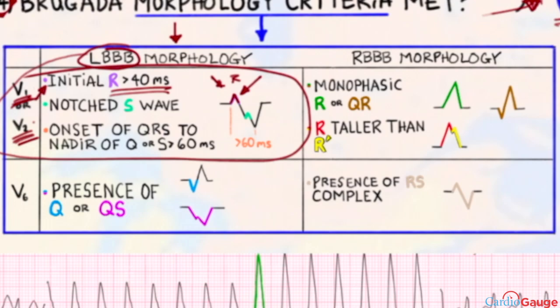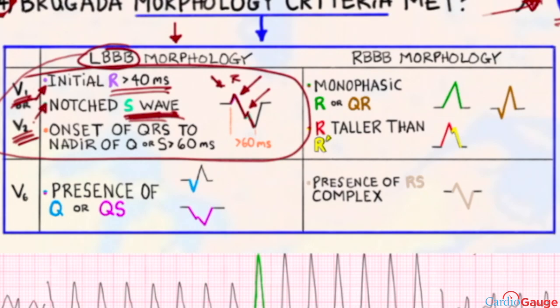The next criterion in V1 or V2 is if you have a notched S wave. So this is the S wave here. It goes down, and then there's a little notch in it. Here's the notch. If you see a notch in the S wave, I like this one because it's relatively easy to remember and apply. If you see a notch in the S wave, you're dealing with VT.